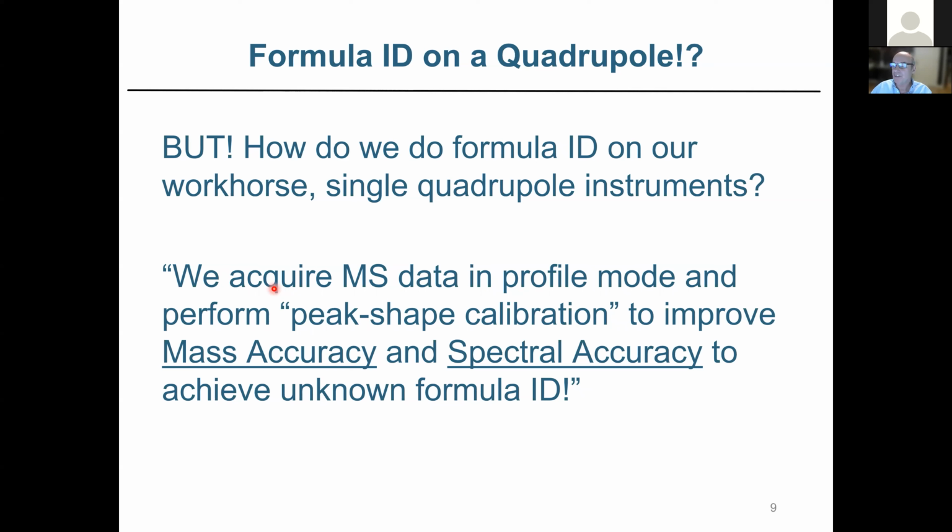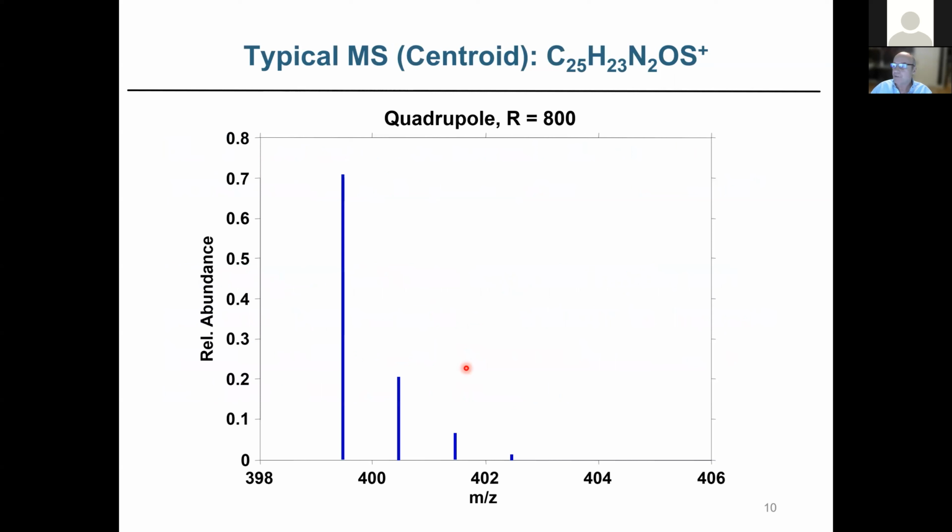What this allows us to do is significantly improve the mass accuracy from your quadrupole. And maybe more importantly, it allows us to improve what we call the spectral accuracy. With these two different metrics together, we can achieve very reliable formula identification. So let's see how that works.